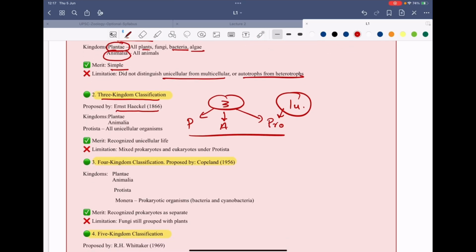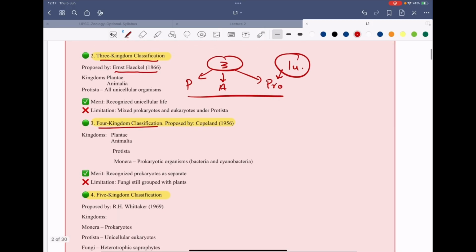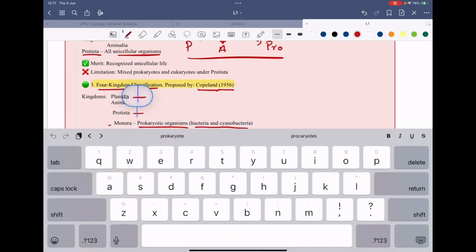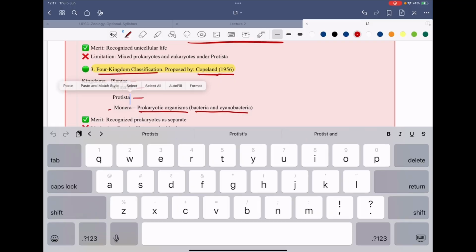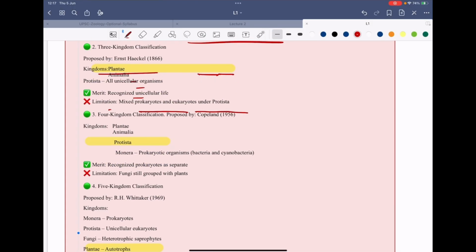As we move ahead, the four kingdom classification was given in 1956 by Copeland. Now the organisms were divided into Plantae, Animalia, Protista, Monera. And Monera included the prokaryotic organisms, bacteria and cyanobacteria. The issue in the three kingdom classification was that Protista contained all the unicellular organisms, where prokaryotes as well as eukaryotes were kept under the Protista.